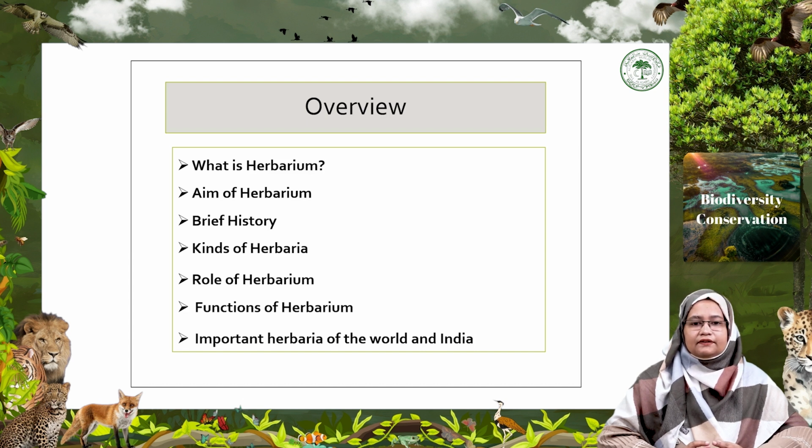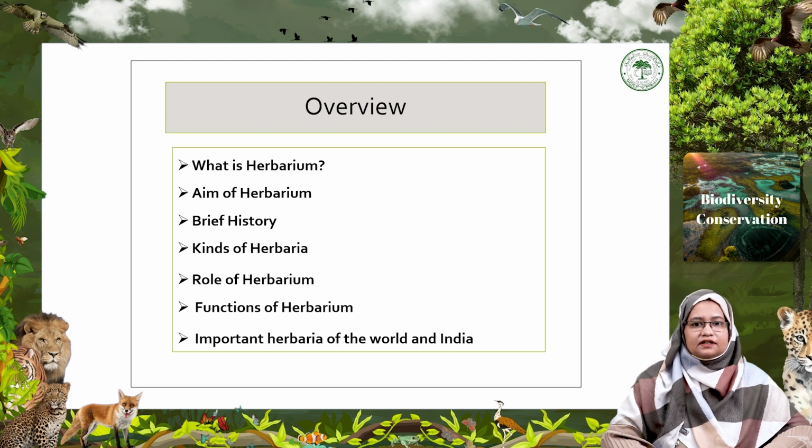Then we will delve into the history, types and function of herbaria. Then we will explore their roles in biodiversity conservation and review some notable herbaria around the world and in India. So this is our overview of what we will learn in this session.